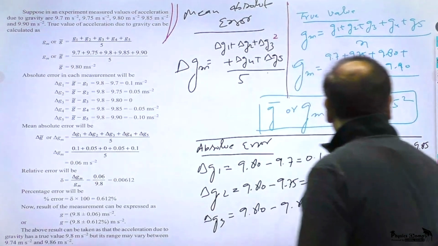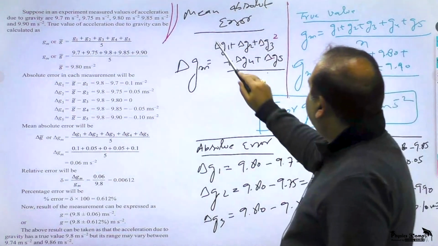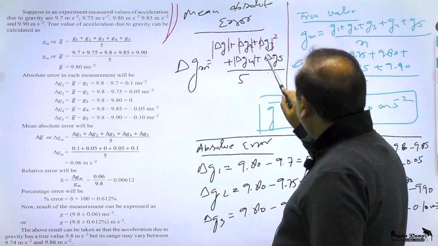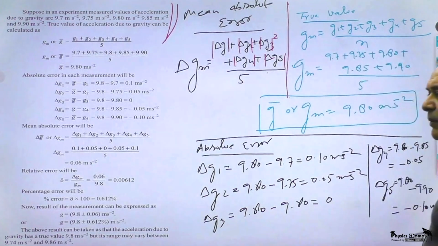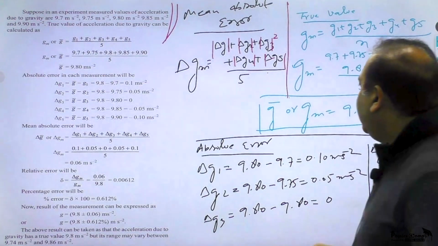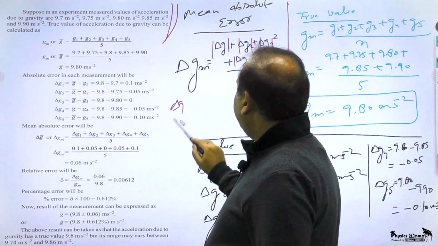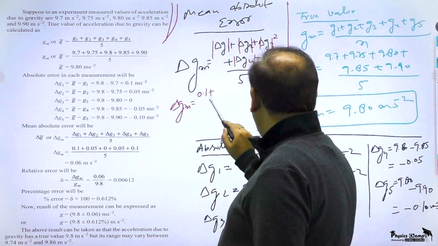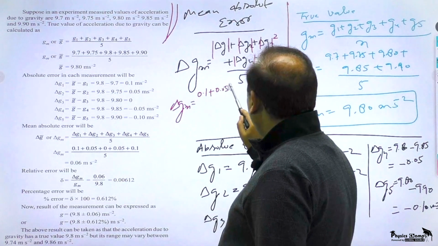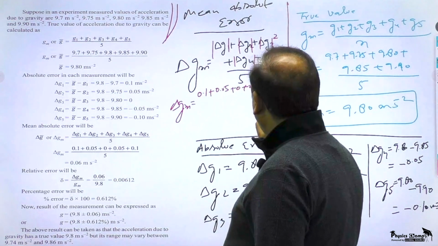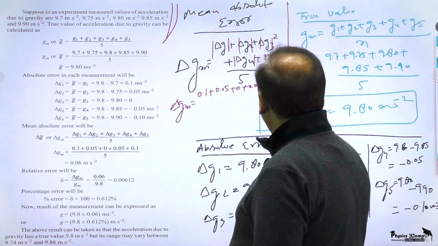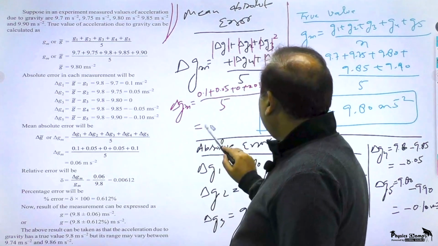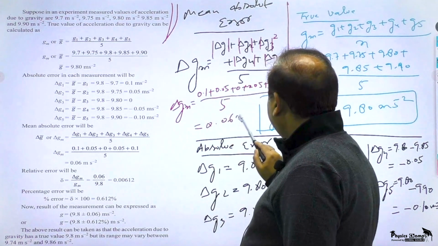But when we talk of this, it is absolute value. It means it may be a positive error or a negative error, but we'll talk of the positive value only. So this will come out to be 0.1 plus 0.05 plus 0 plus 0.05 plus 0.1 divided by 5, and that is 0.06 meter per second square.